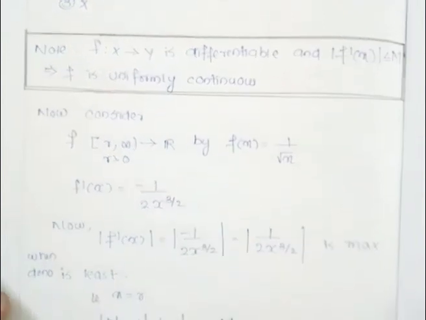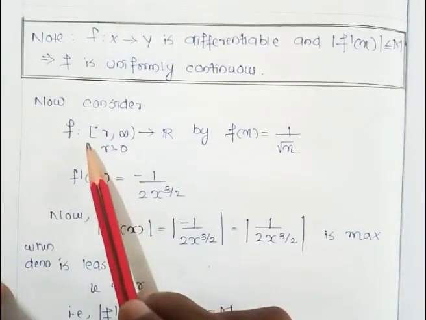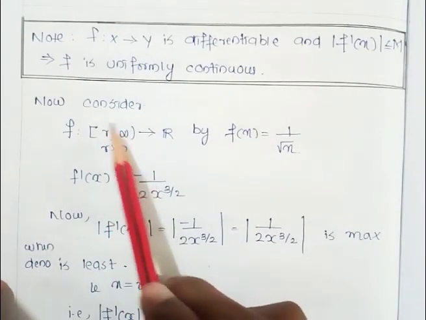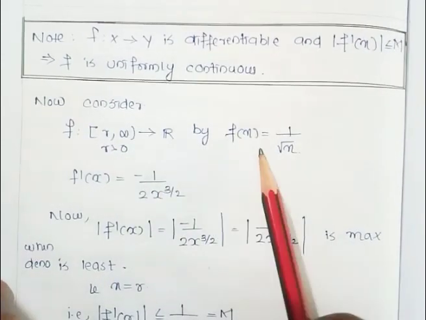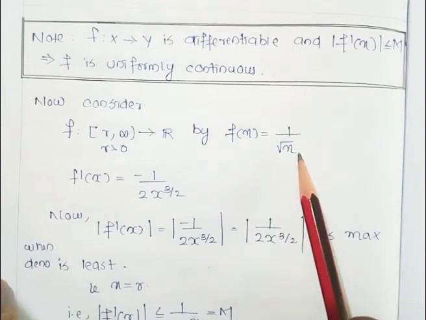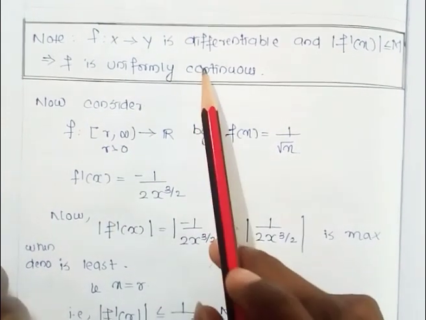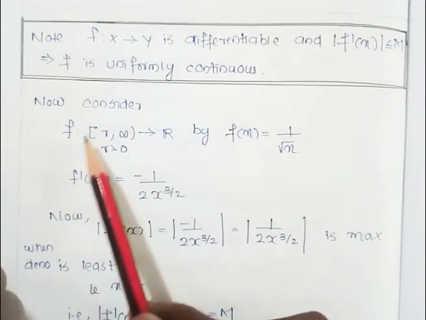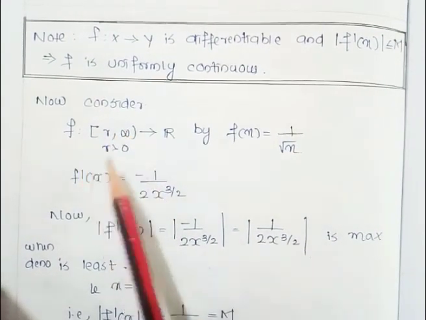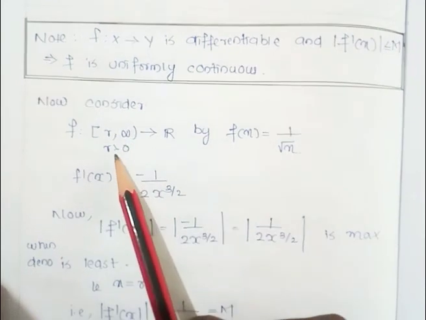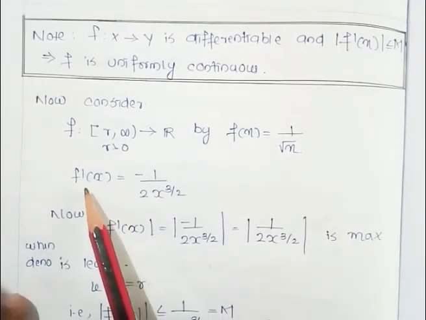Now we are considering f from [R, infinity) to the reals, where R greater than 0, with f of x equal to 1 by root x, and we are applying this result for checking whether f is uniformly continuous within the interval [R, infinity) where R greater than 0. So we are computing f dash of x.